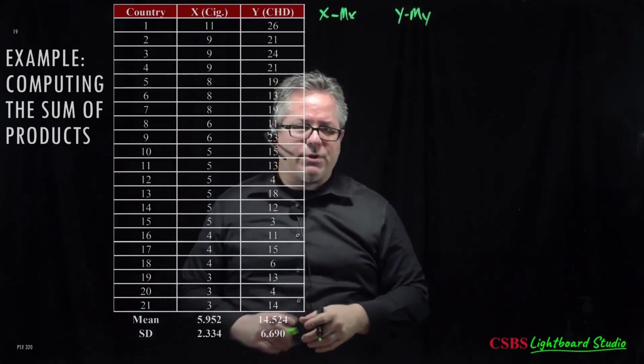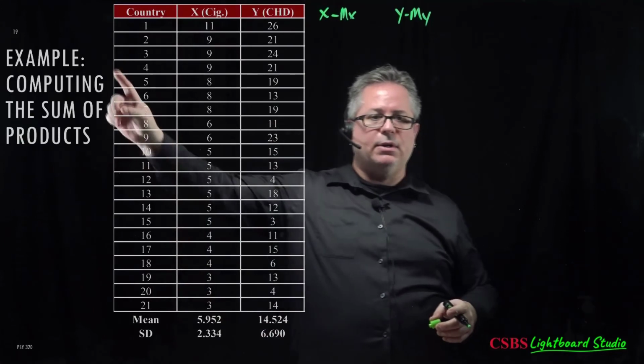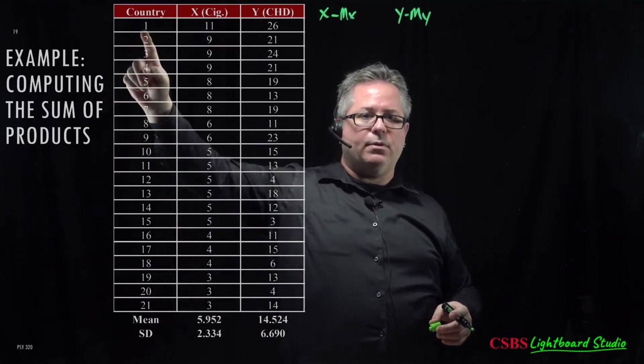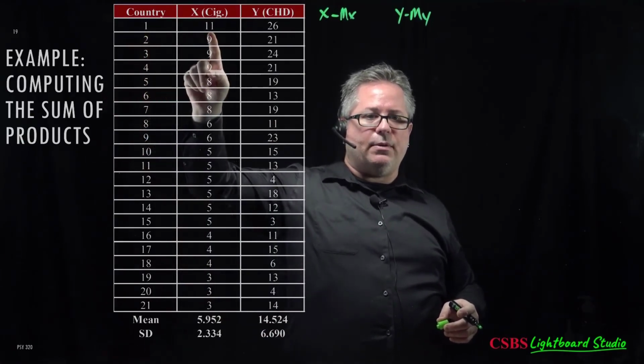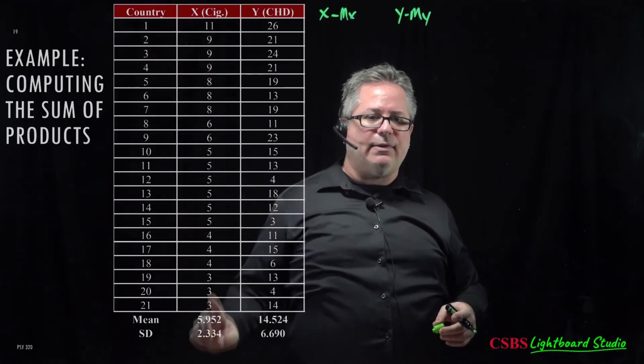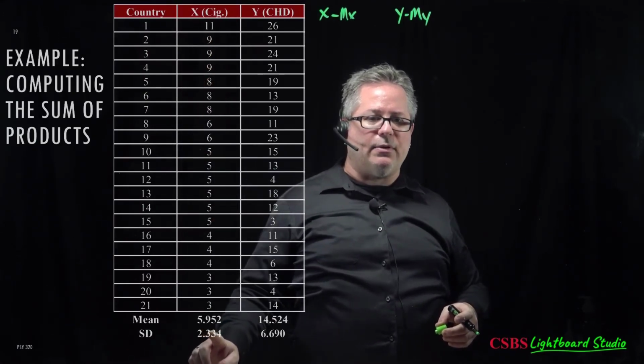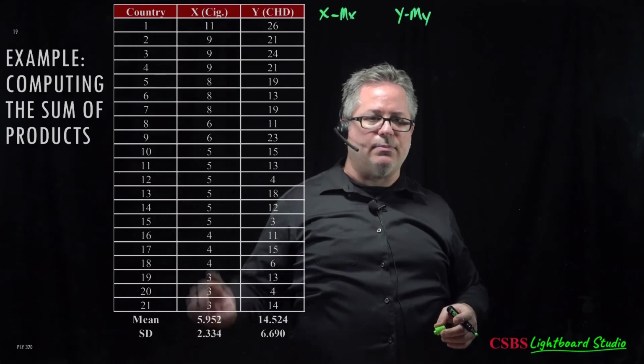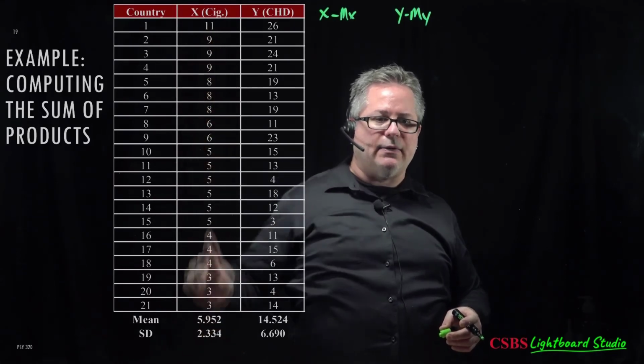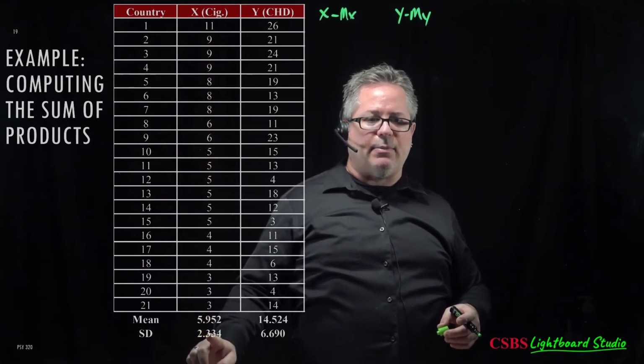For the first country, country number 1, I'm going to take 11 minus the mx, 5.952, because that's x minus the mx.